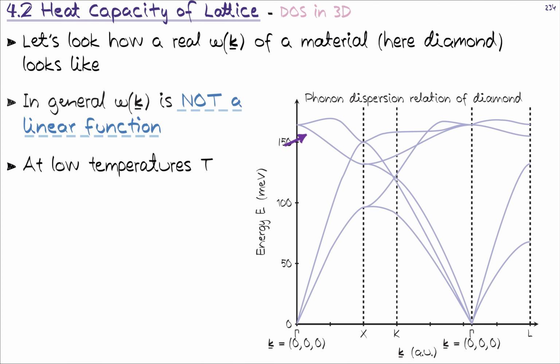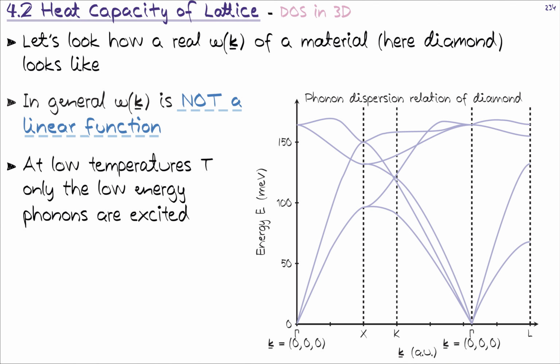So optical phonons become frozen out earlier, and when we are at low enough temperatures, we really don't need to care about these higher order phonons, because according to the equipartition theorem, the energy is equally divided into the different energy states of the system. And if we have a low enough temperature, we don't have that much energy. So these states are really not populated at all, and we only have energy states populated in the lower energy region. Because of this, it's only the lower energy phonons that are excited.